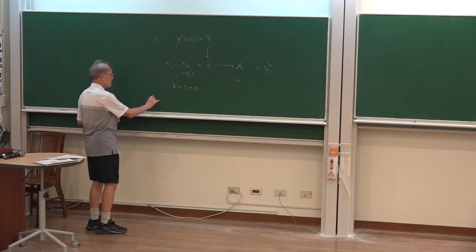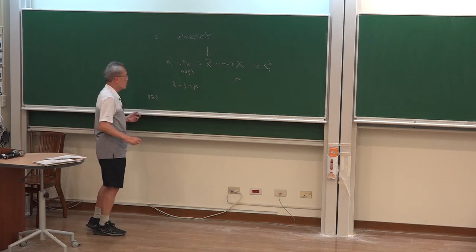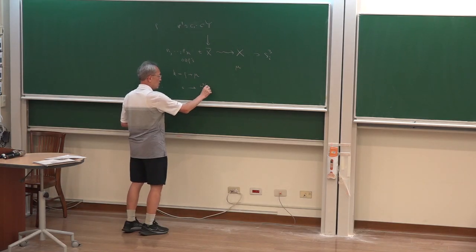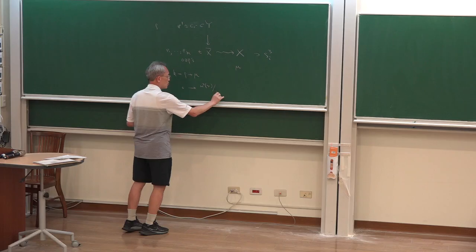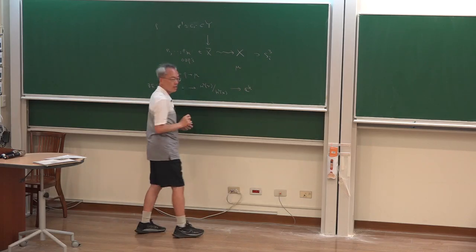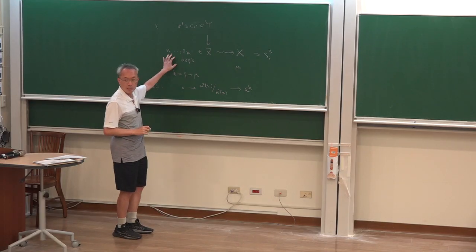So I call this the basic exact sequence, which means you take H2 of Y divided by H2 of X. Then you go to C^K, label these K points.